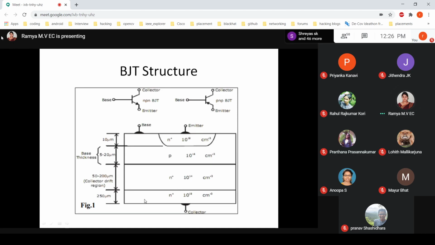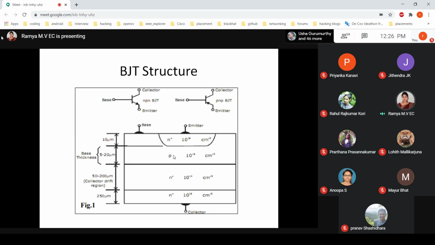If you look at this properly, near the collector we have a heavily doped N layer, then a lightly doped N layer. Again at the emitter it is a heavily doped N layer, and we already know the P layer. In the doping structure of the normal transistor, the base is lightly doped.